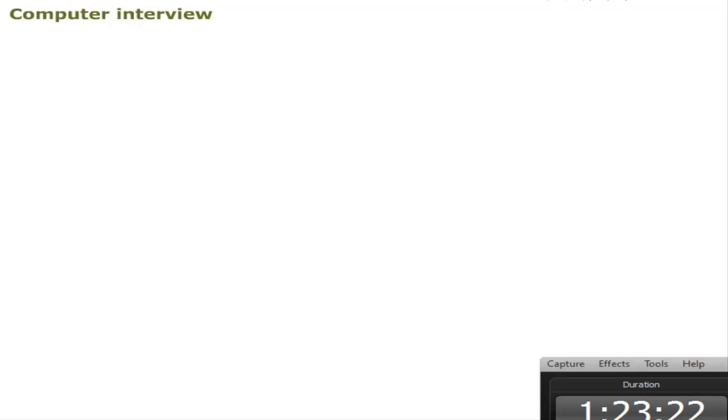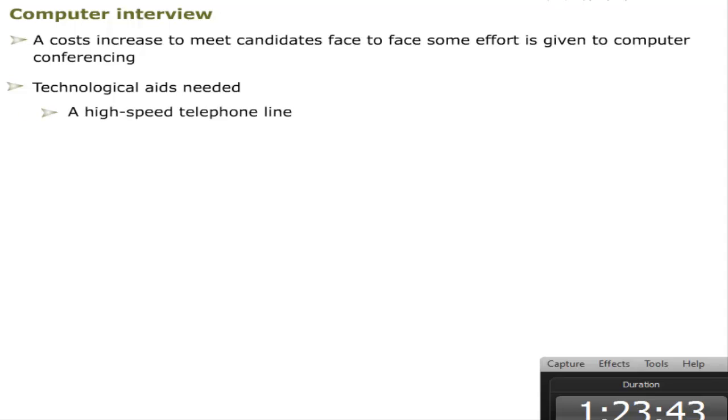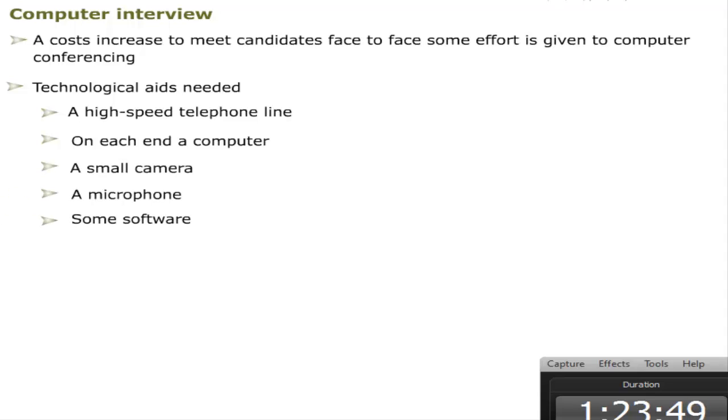Computer interview. The personal on-campus interview still dominates, yet as costs increase to meet candidates face-to-face or in video conferencing, some initial effort is being given to computer conferencing. Basic technological aids needed include a high-speed telephone line and, on each end, a computer, a small camera, a microphone and some software.